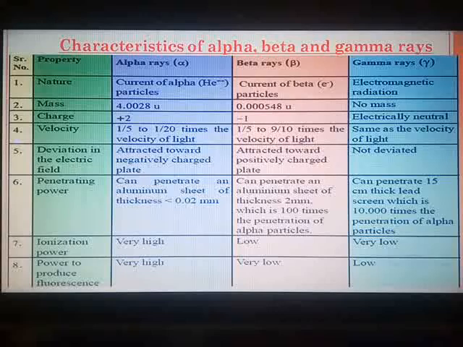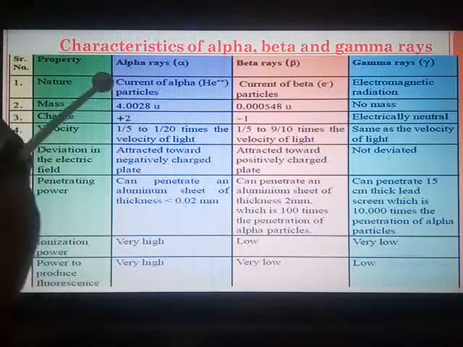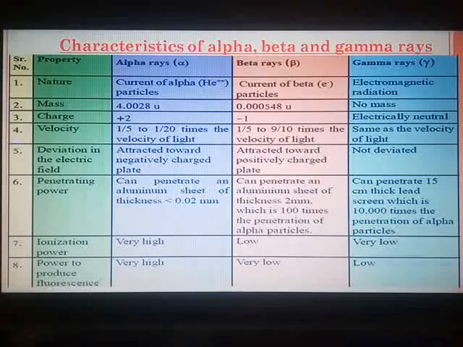Do not skip. Do not think that the teacher has told it can be asked for distinguish between, or any 3 characteristics will be asked, so why study all 8? Don't do that. Because suppose I ask an MCQ on mass, then unless you know this value, you will not be able to select the correct answer. So each and every point, try to study.